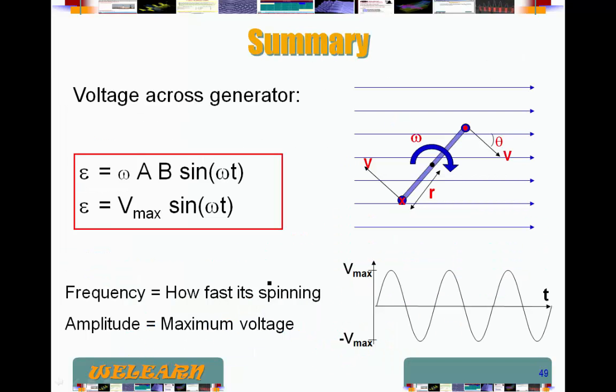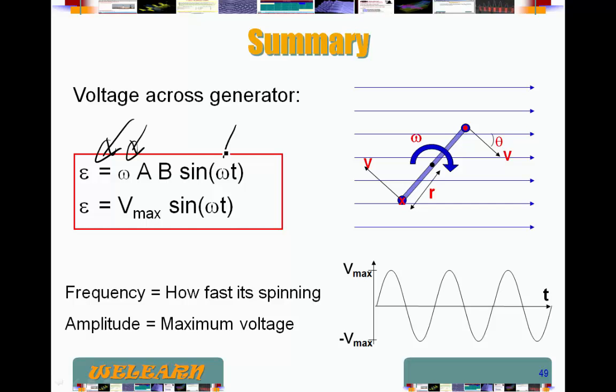Now, one last thing, kind of a summary. The expression for the EMF generated by a loop going around in a magnetic field is given by omega, which is something that we determine since we are the ones who are going to spin the loop, times A, the area of the loop, times B, the magnetic field we subject it to, times sine of omega t.